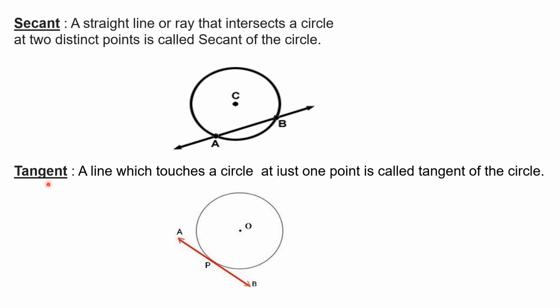Definition of tangent: a line which touches a circle at just one point is called a tangent of the circle. Now we see the figure. O is the center of the circle and line AB passes through only one point, that is P. Then line AB is called a tangent of the circle.